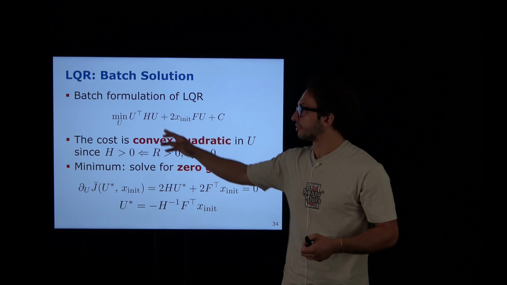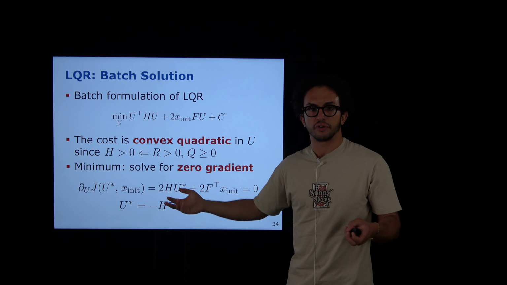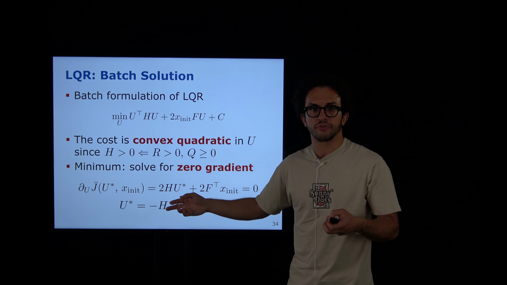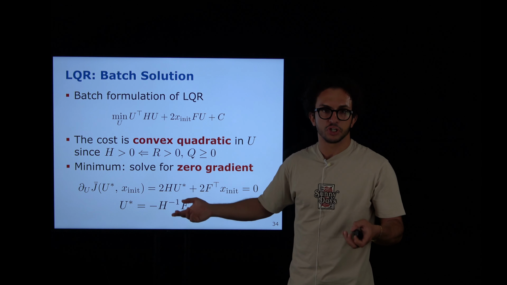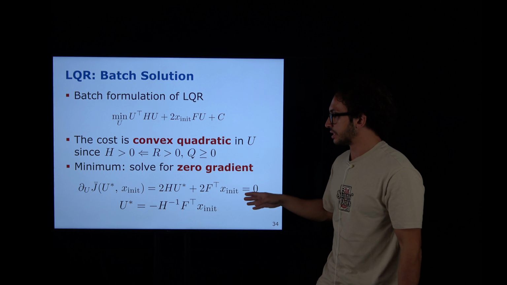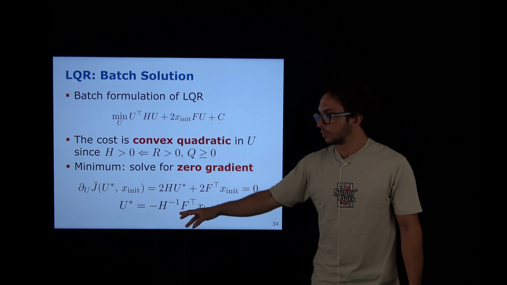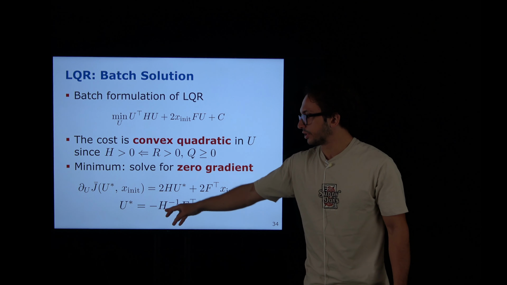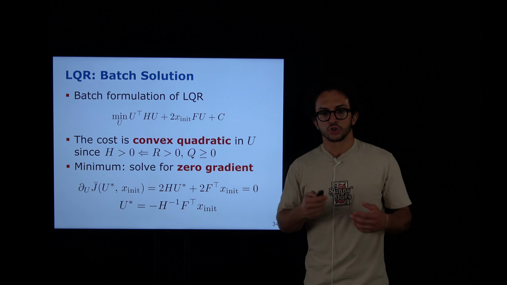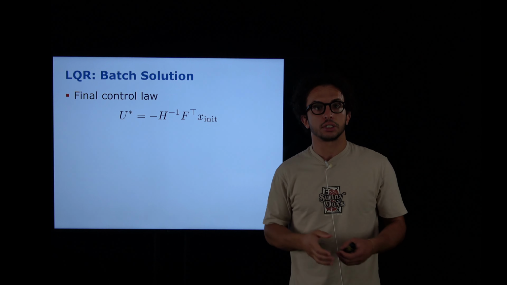The 2 comes from the fact that this is in the end a quadratic form, as I said. The differentiation works the same way as the differentiation of scalar functions, but here we have matrices. So with this we can compute U, and U is computed like this. We have to invert matrix H, and we have to multiply by X init. So this is the final control law that we obtain for the linear quadratic regulator.